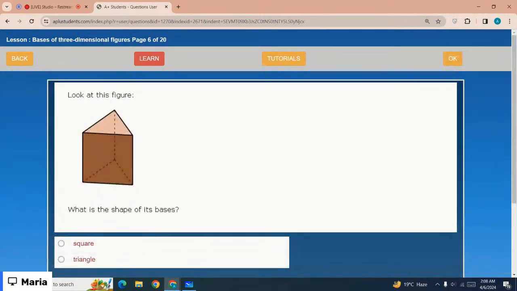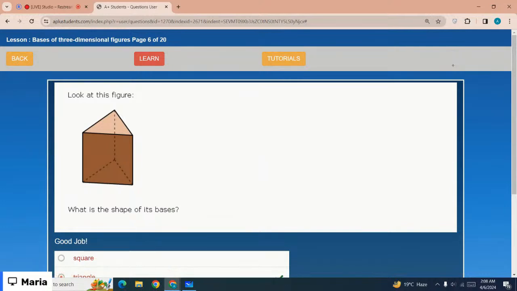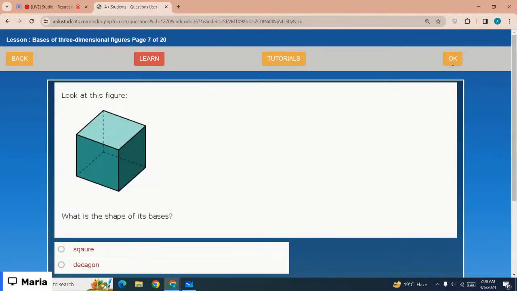Look at this figure. What is the shape of its base? That is a triangle. The correct option is triangle, right? The next one is, look at this figure.